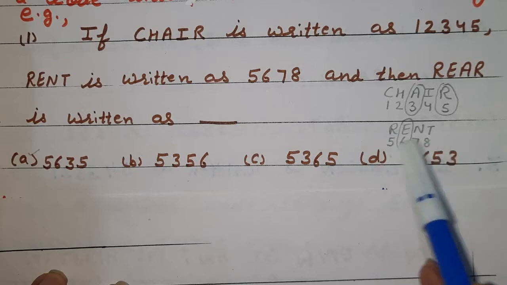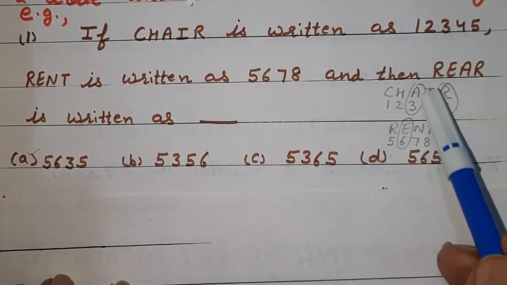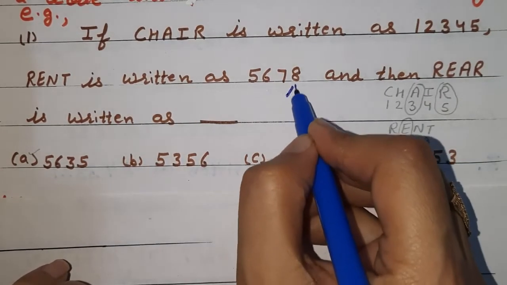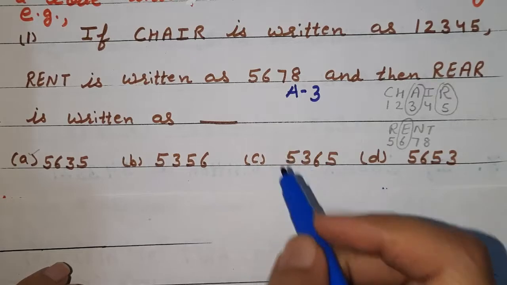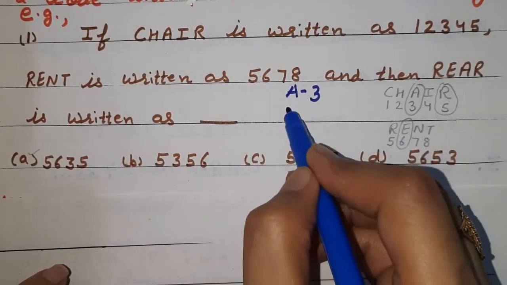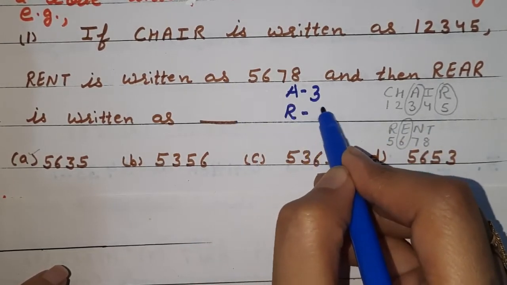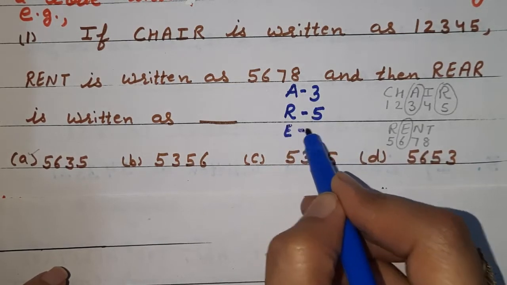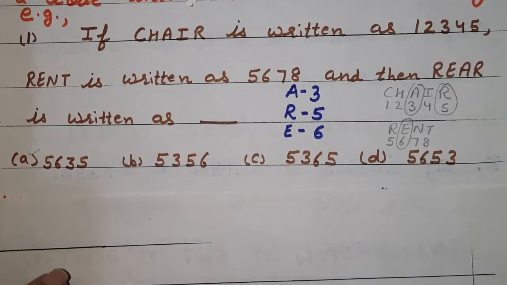Rent, RENT, and code is 5, 6, 7, 8. For A, we are getting 3. And for R, code is 5. And for E, the code given is 6.